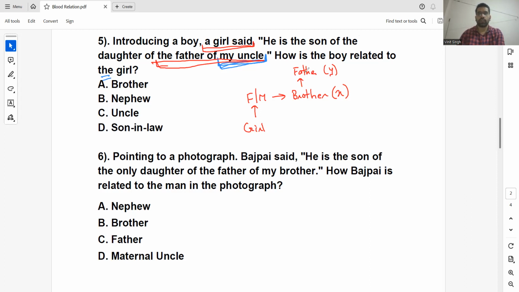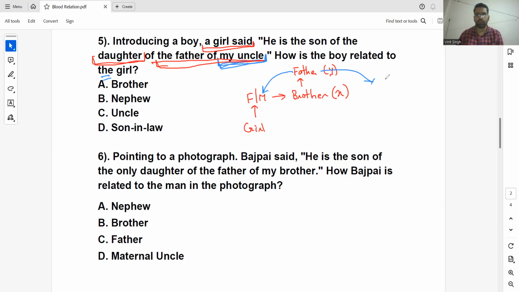Clear? Now, they are asking for the daughter. Whose daughter? The father of the uncle. So the daughter of the father, it may be this one. Yeah, it may be another one.